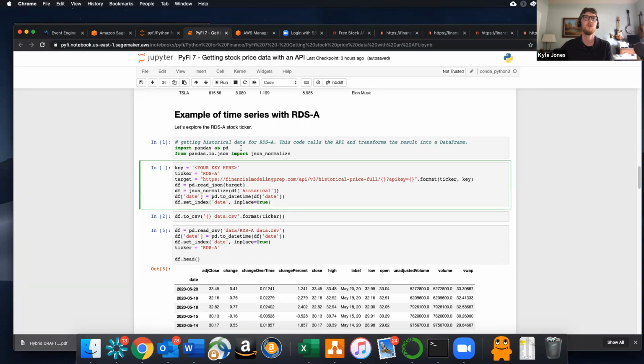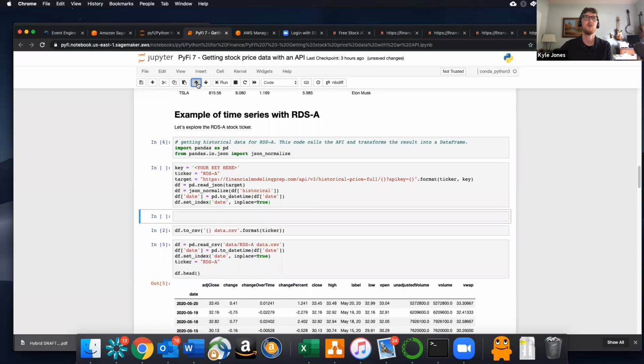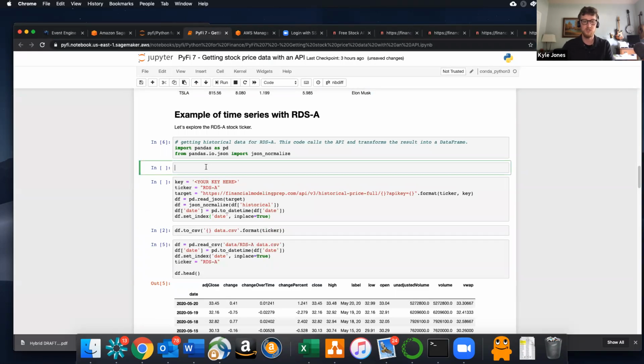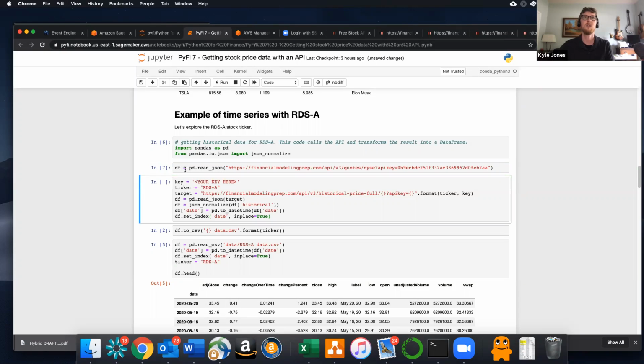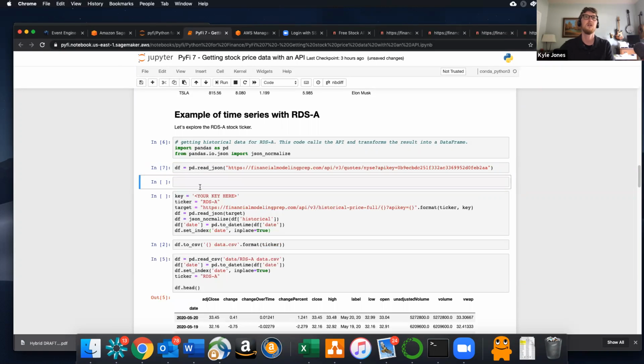So going off book a little bit, but what we're going to do is data frame equals pd read. Instead of a CSV, we're using JSON. And so it went, and now I have a data frame with that information in it.